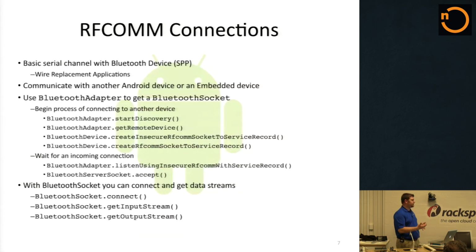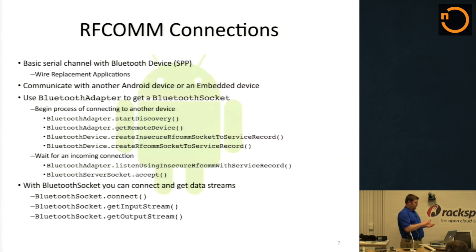So the process of discovery in the Android framework is started on the Bluetooth adapter. There's a method we call start discovery, and this is an asynchronous process that, as it goes through searching the world around it, will call back into the application, in this case using broadcasts, every time it finds a new device that is discovered. And then at that point, our application can react to that, figure out if it's the device we were really interested in, and then try to connect to it or move on.